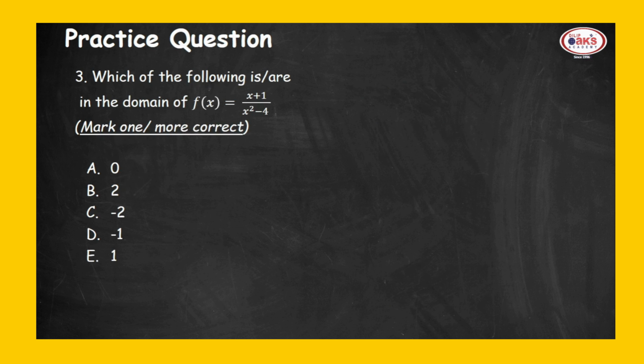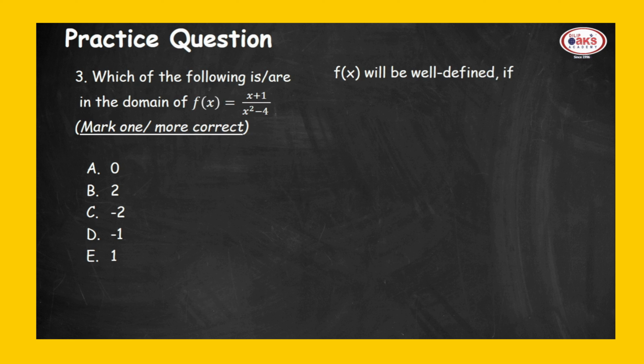Now comes the next question, where they have asked which of the following is or are in the domain of f of x, which is given by x plus 1 upon x square minus 4. Now here, as all of us know, the domain is the set of all acceptable input values.